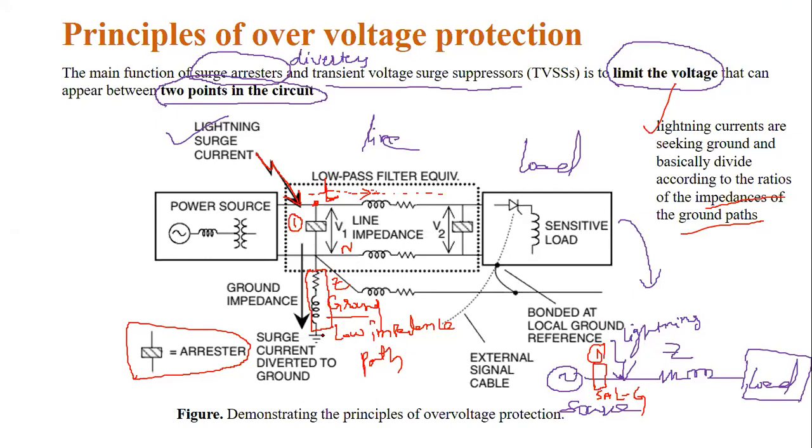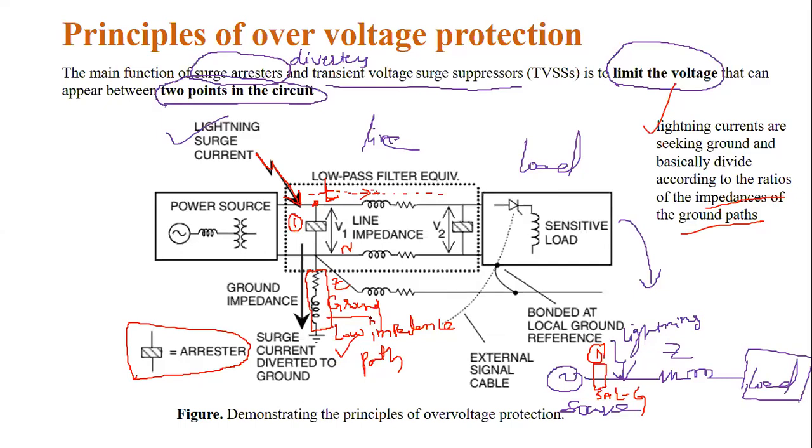Remember, line to ground. So choosing the ground is also a very important thing here. That ground must be a low impedance path. Even though it provides a low impedance path, there is some amount of impedance offered by the ground.